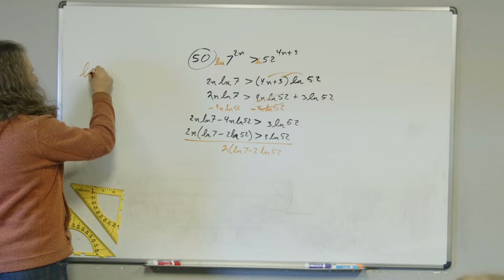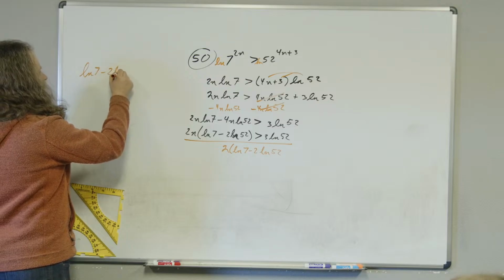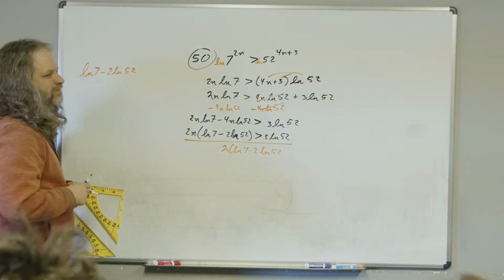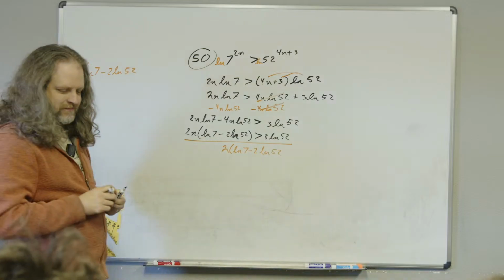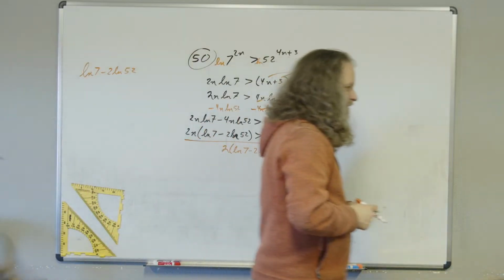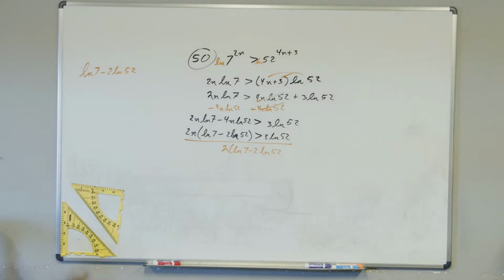We should punch this in our calculator. Do we have to use the natural log? I don't really care as long as you use the same thing. You have to use the same thing this entire problem. You can't switch it up.